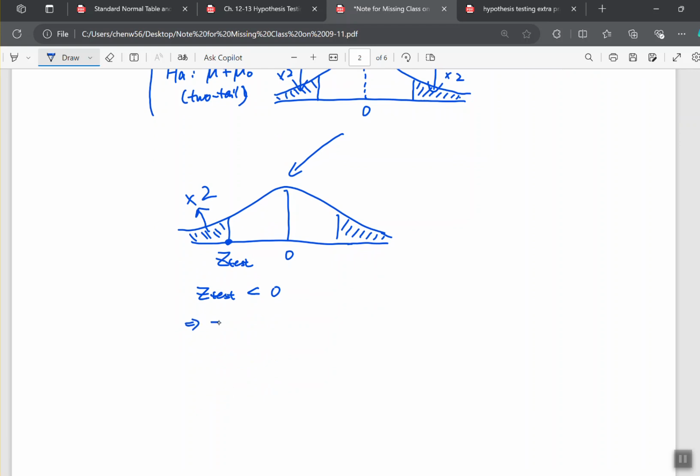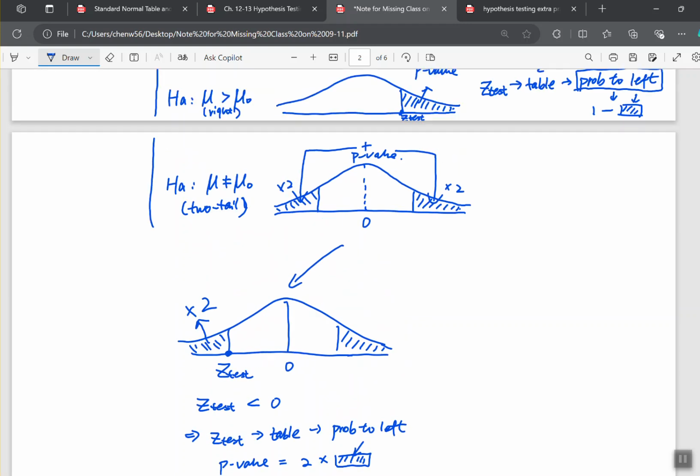Then you want to use this z-test statistic, go to the table, and find the probability to the left directly, which is this part, right? And then the p-value will be 2 times whatever you found here.